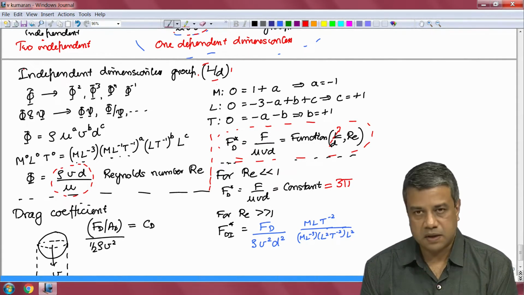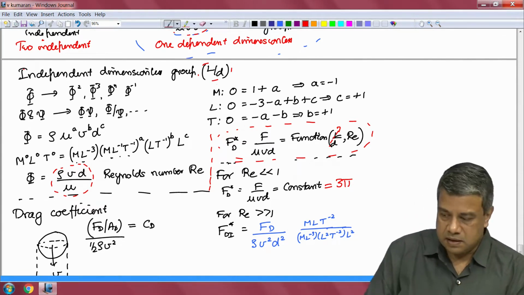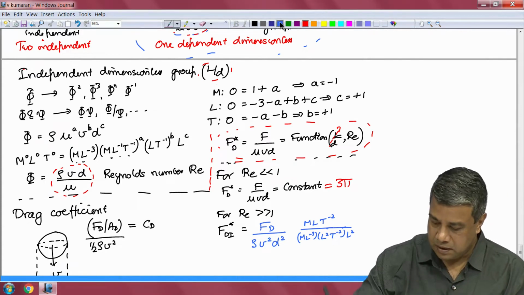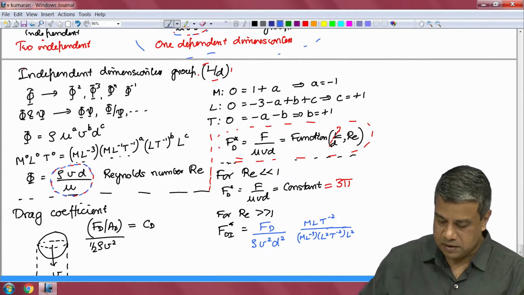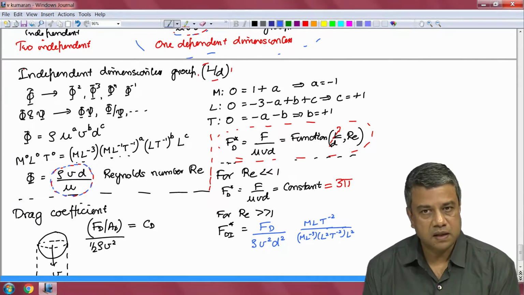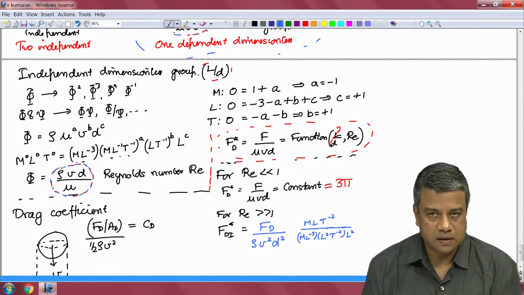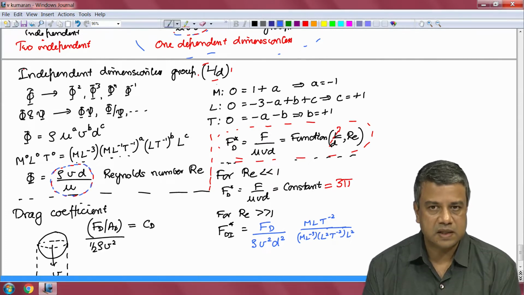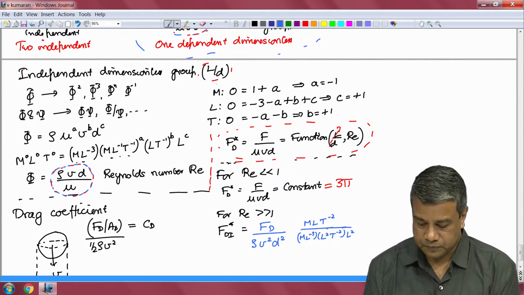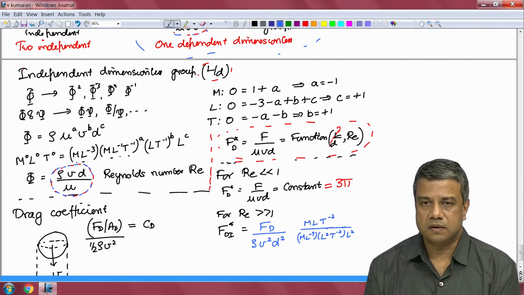Reynolds number, as I said, is the ratio of inertial and viscous effects. Density basically determines the inertia of an object. An object with higher density moving with a velocity has higher inertia, and viscosity in the denominator is a measure of the viscous effects.